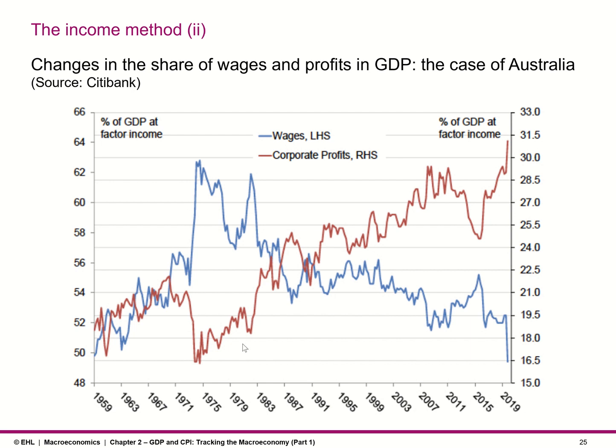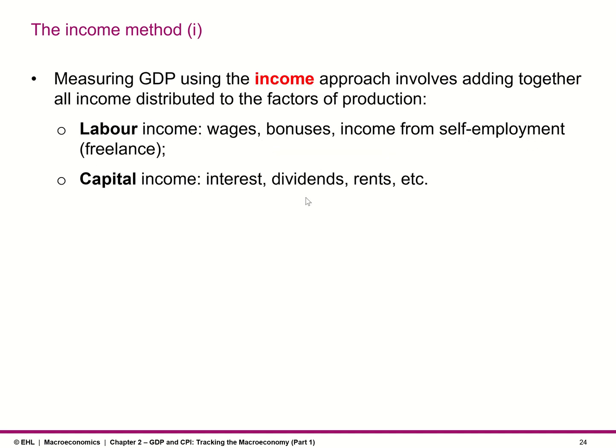So let's have a look at this graph shortly, right? Let's take first the red line here. The red line gives us the share of profits in the economy. It's a capital income and it's mostly dividends, so the profits that are paid to shareholders.